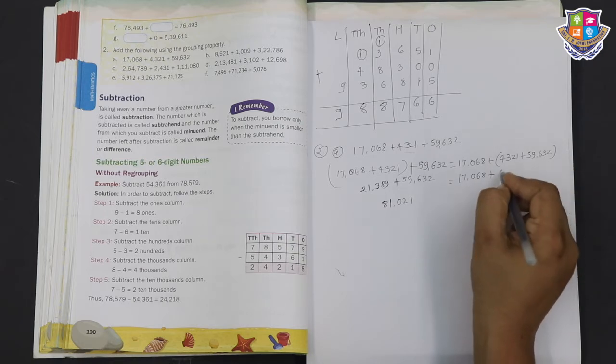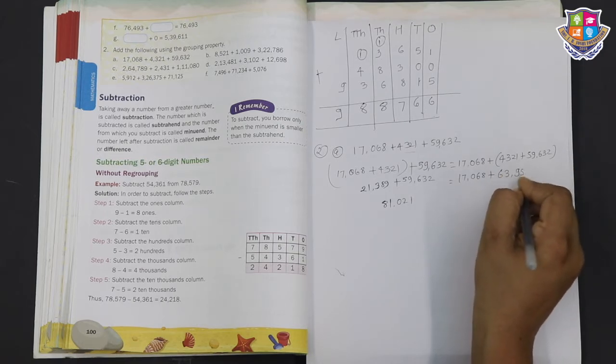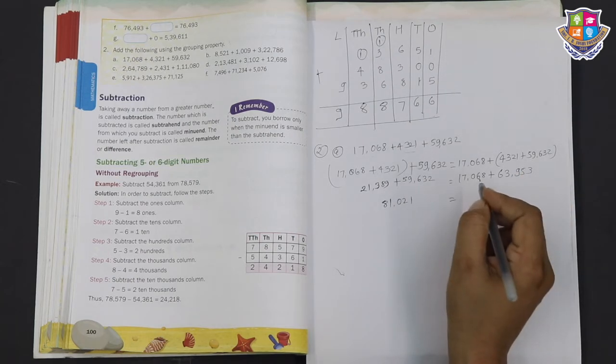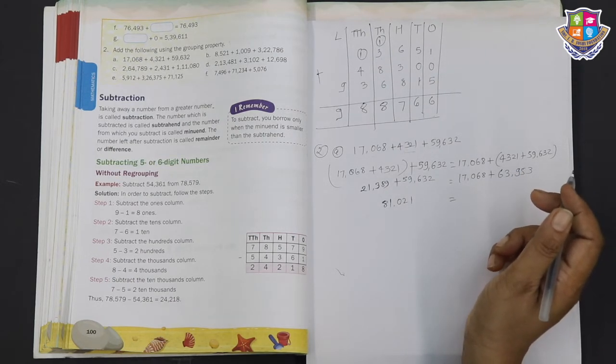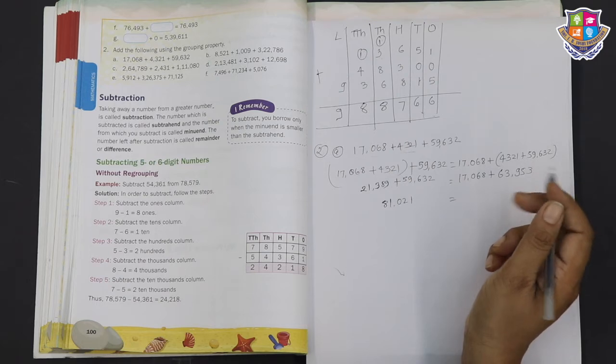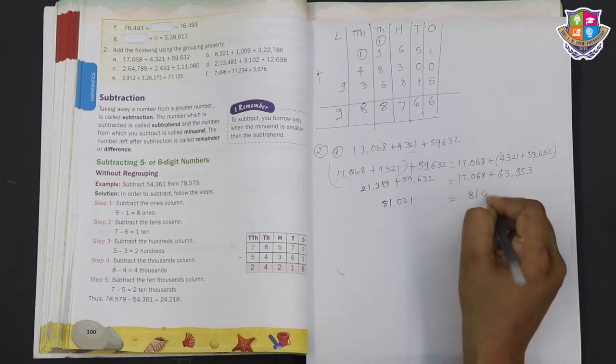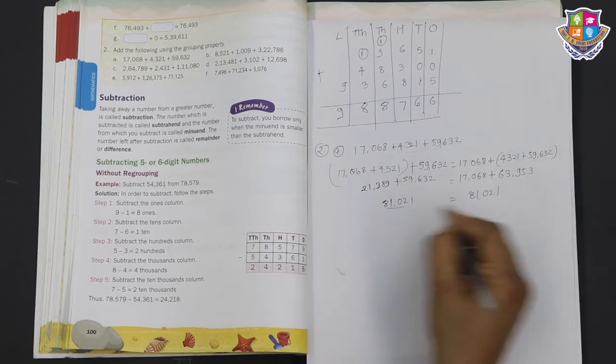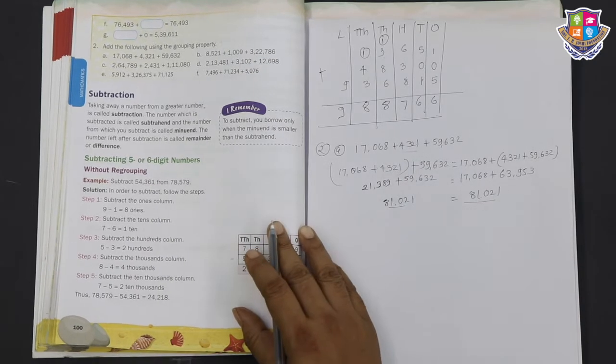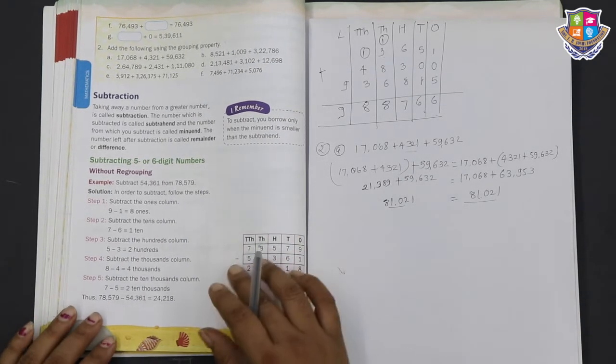So it is equal to 63,953 when you are adding these two numbers, plus 17,068. So it is equal to again 81,021. So on both sides the answer will be the same. So in this way you have to do the remaining ones.